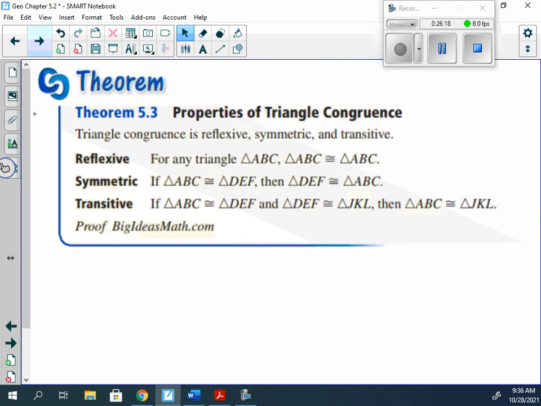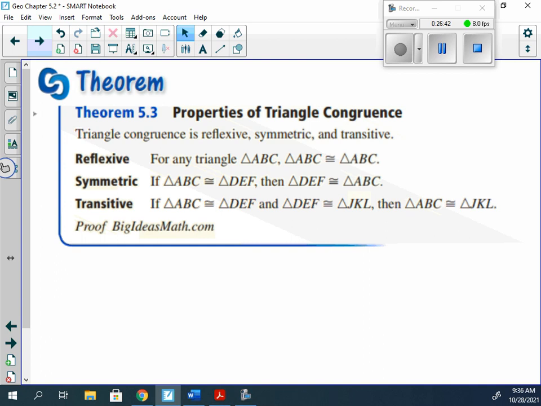Triangle congruency is reflexive, symmetric, and transitive. Reflexive: triangle ABC is congruent to triangle ABC. It can be congruent to itself. Symmetric: if triangle ABC is congruent to triangle DEF, then triangle DEF is congruent to triangle ABC. And we also have the transitive property.